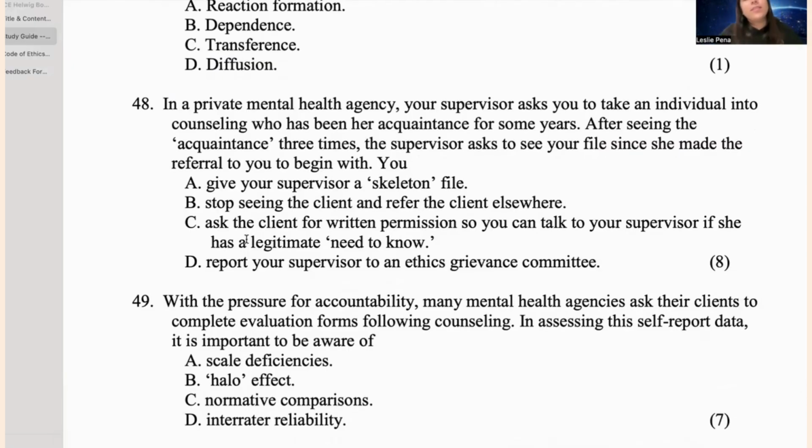Okay, 48. In a private mental health agency, your supervisor asks you to take an individual into counseling who has been her acquaintance for some years. After seeing the acquaintance 3 times, your supervisor asks to see the case file, because she referred you. You do what? Remember what I said about confidentiality, guys. We want to protect confidentiality at all costs.